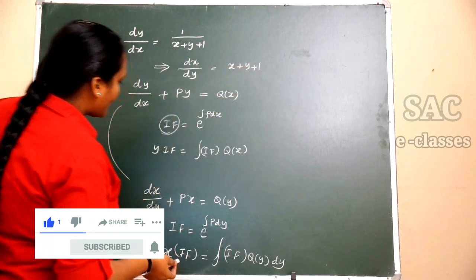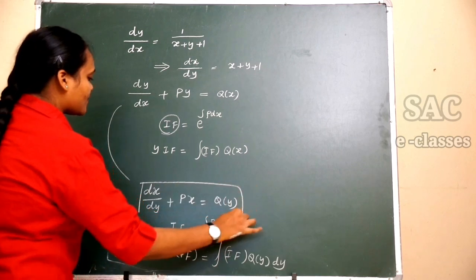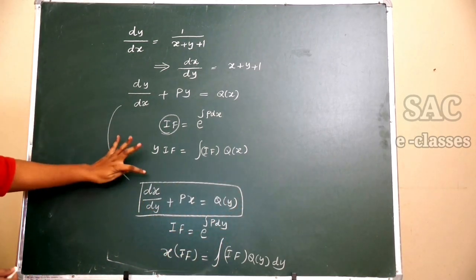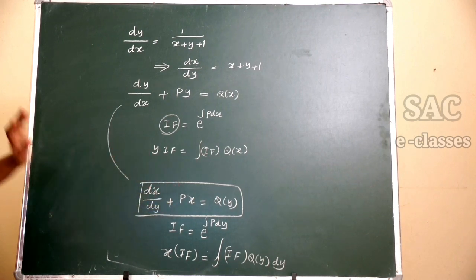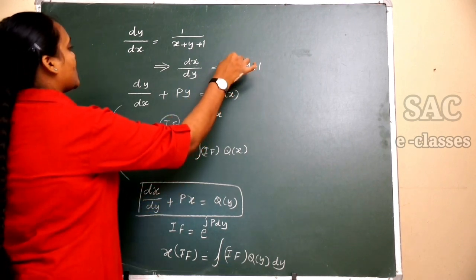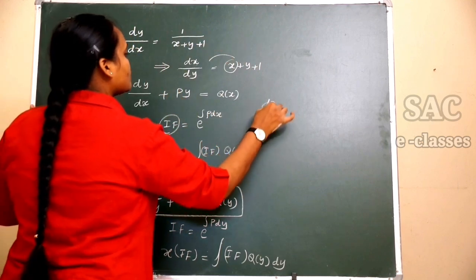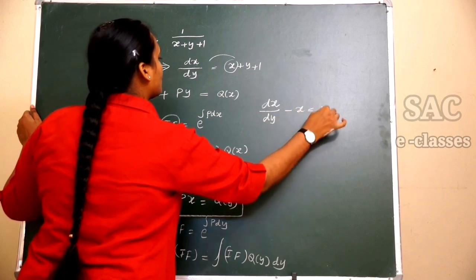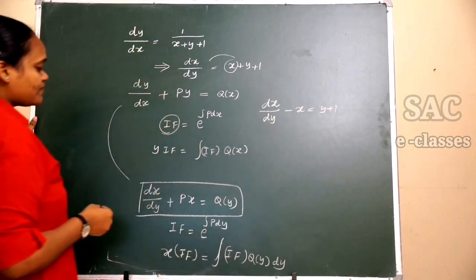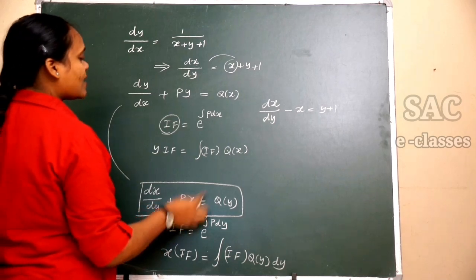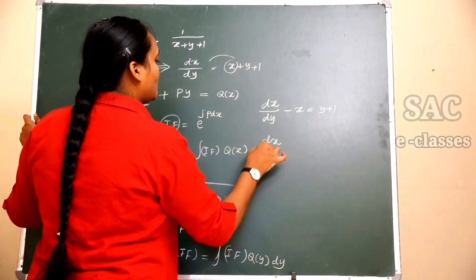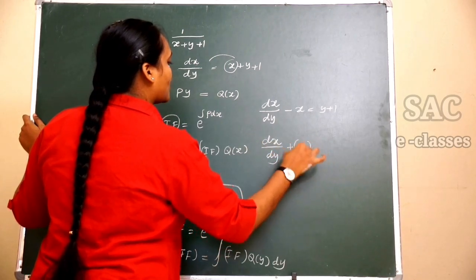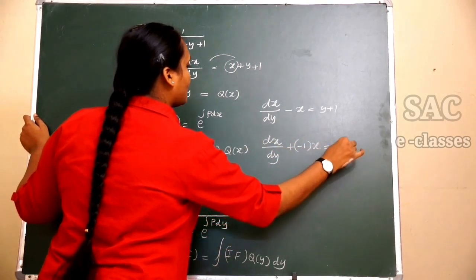Once look at the general form of the linear differential equation with the help of the integrating factor: dx/dy + Px, so the x term has to be transposed. Now you should write dx/dy minus x is equal to y plus 1. Since it is plus x, what do you do here? dx/dy + (-1)x = y + 1.